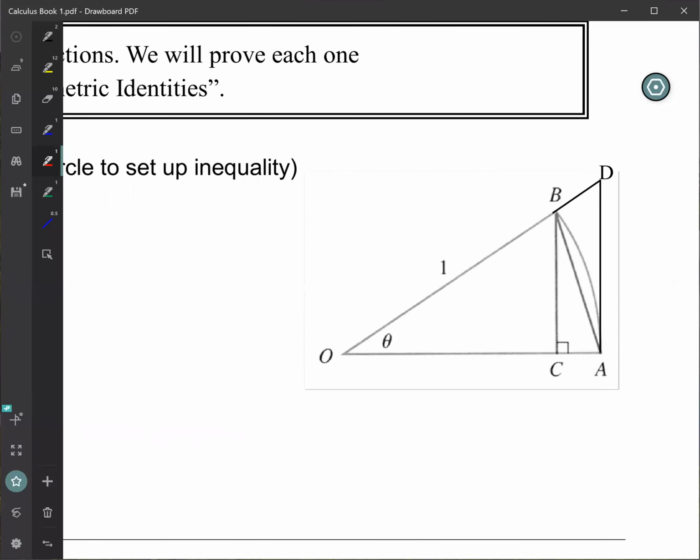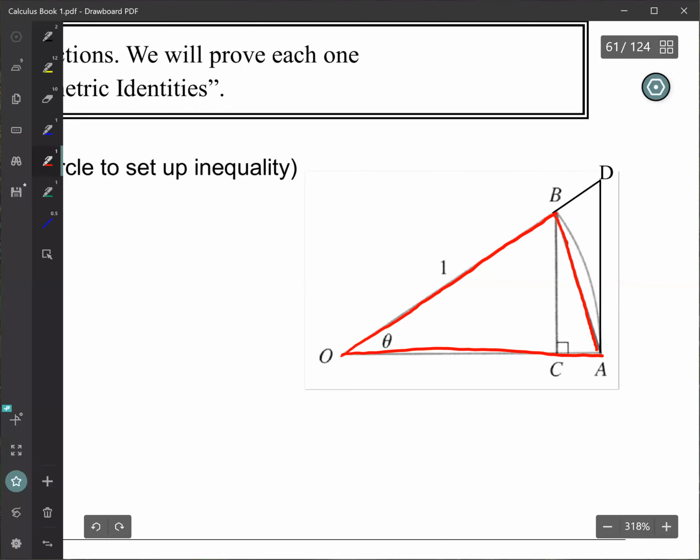So here I would like you to focus on a couple of pictures. The first one, I'm going to use the red. It's the triangle OBA. And then the next one is the sector. Remember from grade 12, you learned about sector.